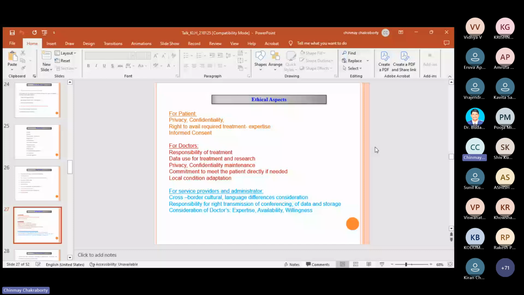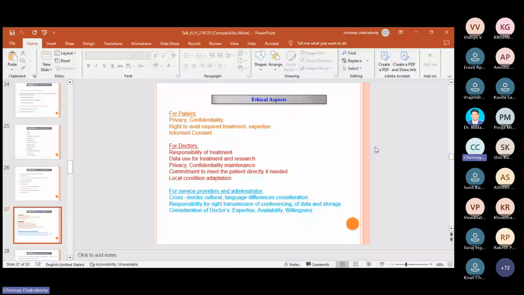For the service provider and admin, there are cross-border cultural or language differences to consider. In telemedicine, if you design the client-side, patient-centric app, there will definitely be different languages, because different states and different regions under the states have different local languages. So language conversion is one of the factors, because the doctor receives the information through one common language and gives feedback in the same language.